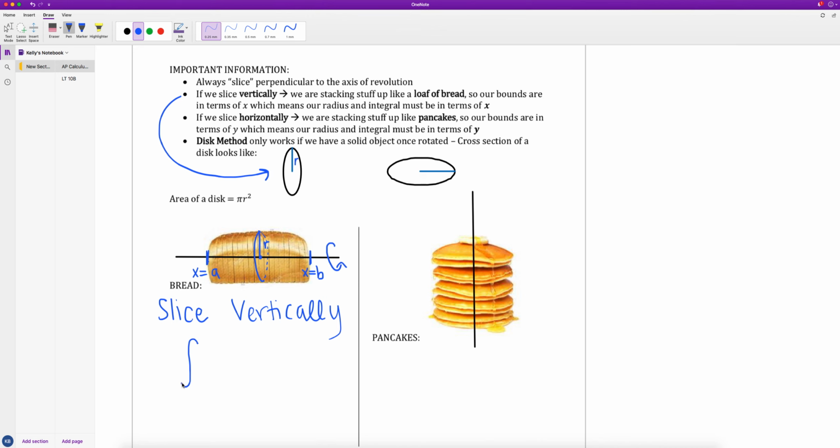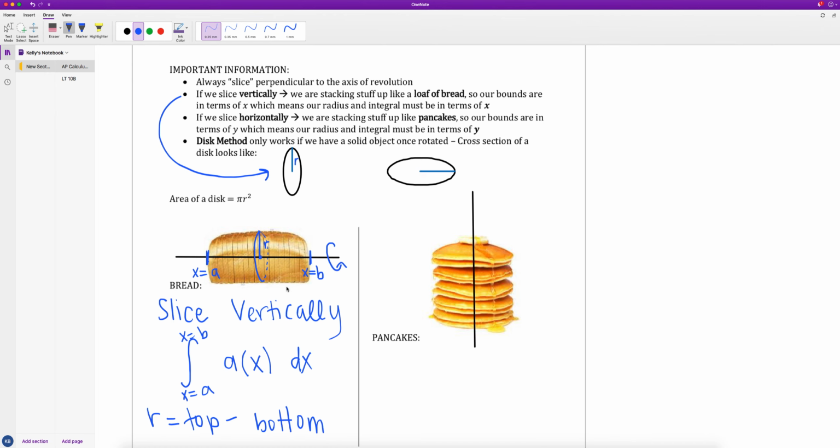So for each one of these, the volume will be going from x equals a to x equals b, and my area here I'm going to write as A of x, since I'm always going to be in terms of x. To get the radius in this case will always be what is your top curve minus what is your bottom curve. Because I have a top portion of this guy and a bottom portion, and I'm trying to find the distance on that.